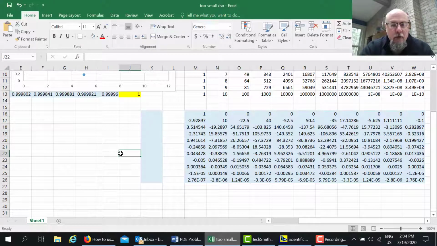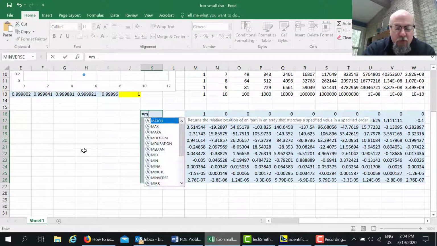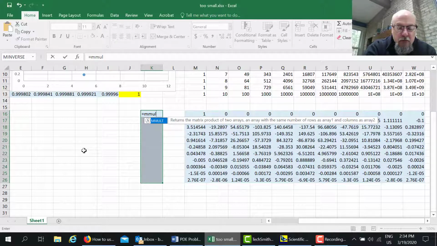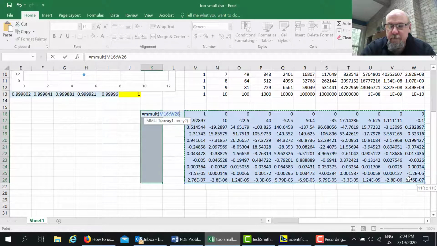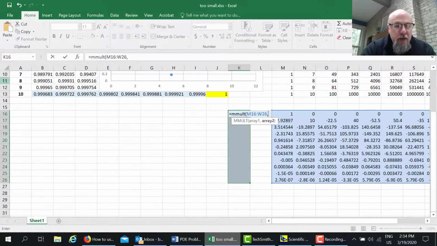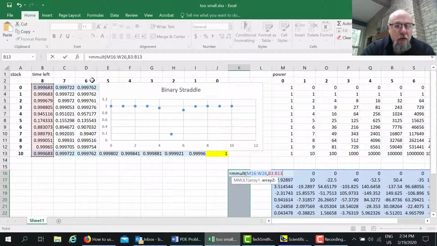So I want to put this all in here. So I've highlighted it. Now it's equals MMULT, the first array, comma the second array, close brackets. Now I'm not hitting return yet. Control Shift Enter.